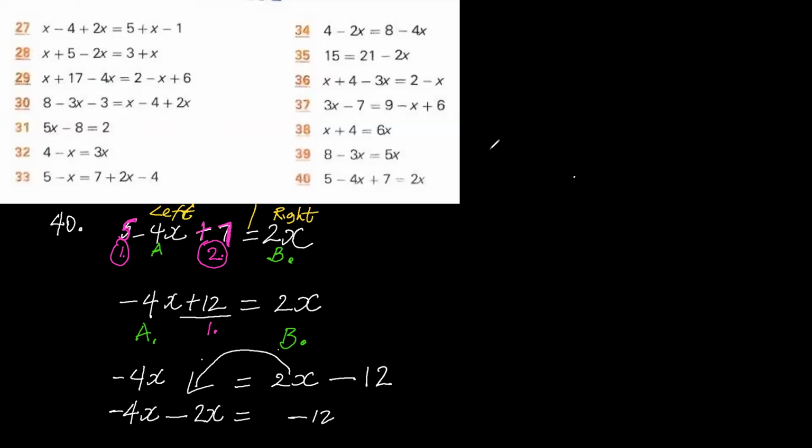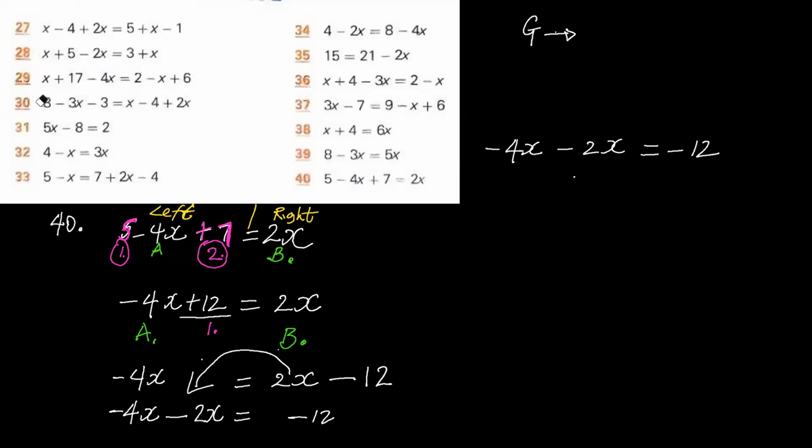So let me write over the question, negative 4x minus negative 2x equals to negative 12. Okay. Gabriel, you first. What is negative 4x minus 2x equal to? So that'll be equal to negative 6x.